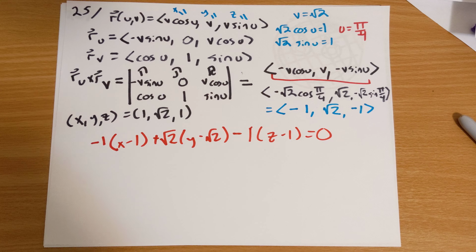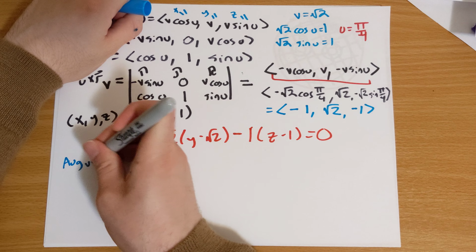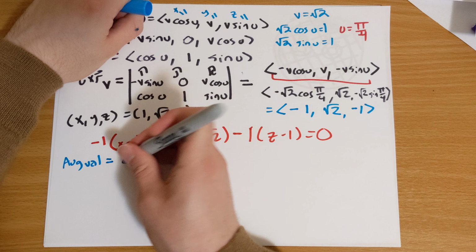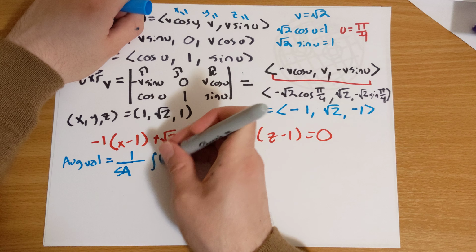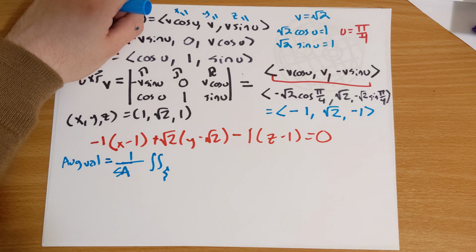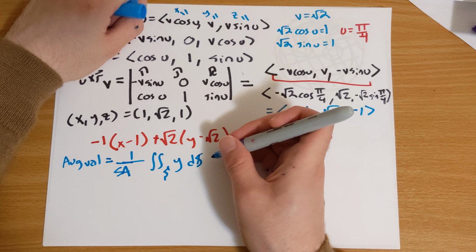Part C, we're asked to find the average value of the function f of x, y, z equal to y on our surface. So to find average value, that would be 1 over the surface area of our surface times the integral over our surface of y dS.